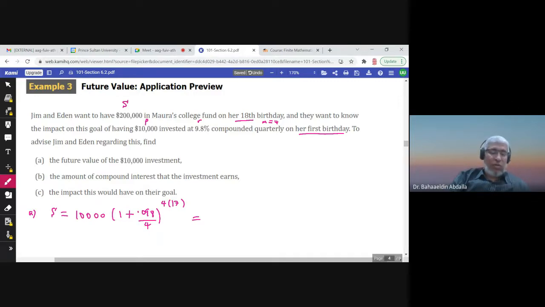So just multiply 10,000 times 1 plus 0.098 over 4, to the power 4 times 17. The answer is 51,857.7.